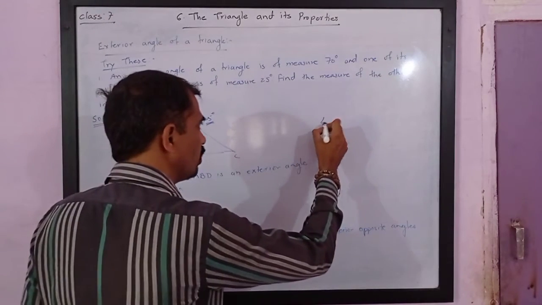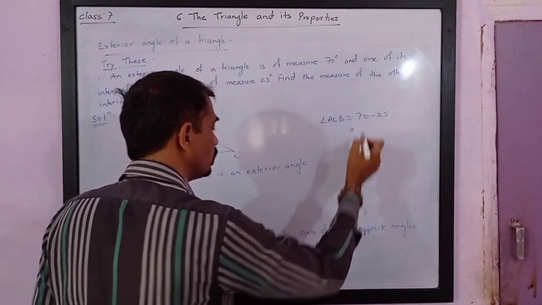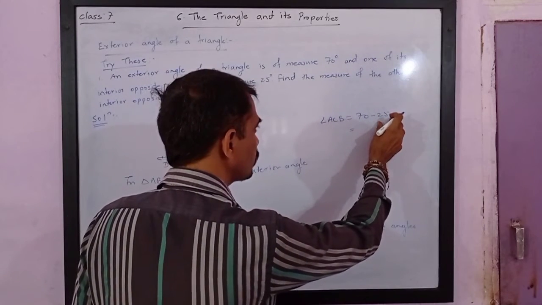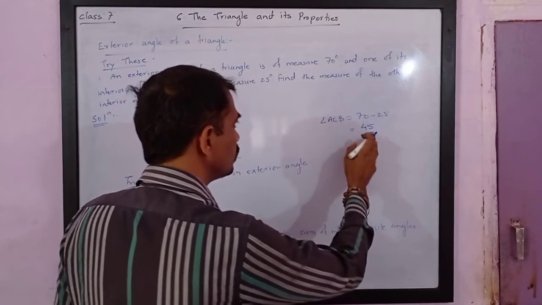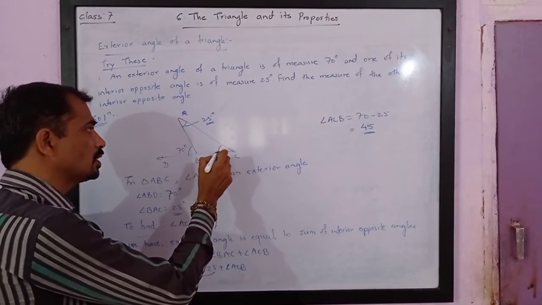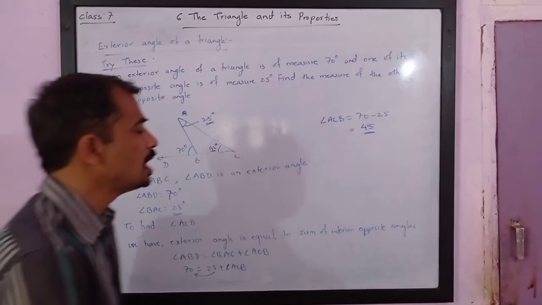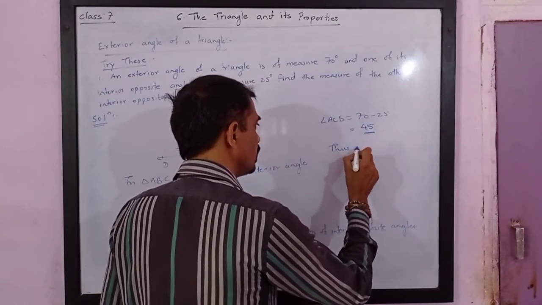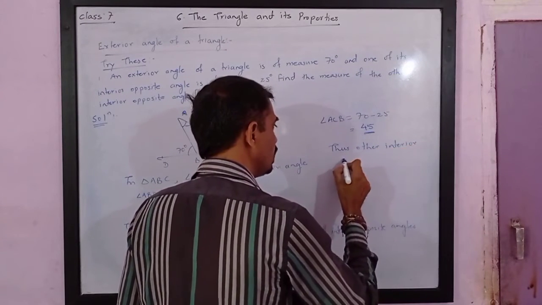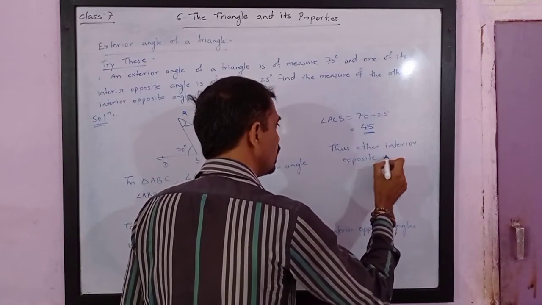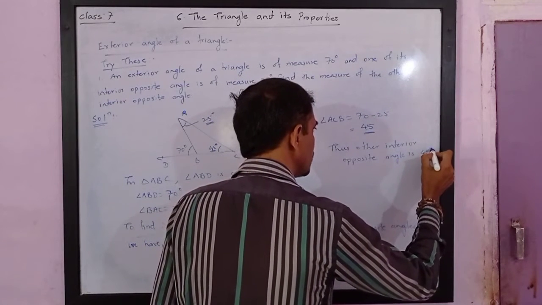So angle ACB is equal to 70 minus 25, that is equal to 45. So angle ACB is 45 degrees. Now look at the question. We were asked to find the measure of the other interior opposite angle. Thus the other interior opposite angle is 45 degrees.